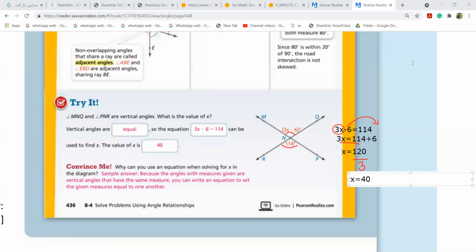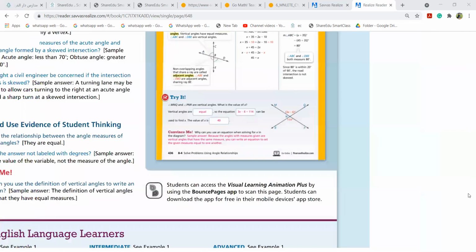Miral, did you understand this question? Yes. Okay, turn to the next page then.